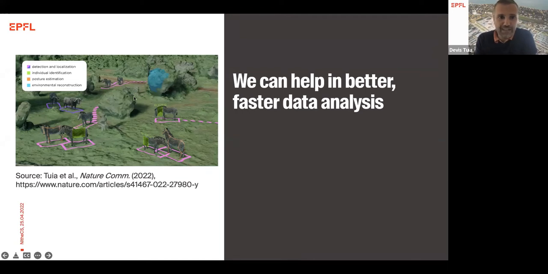But you can imagine a number of tasks. You can imagine pose estimation, so modeling skeletons of animals, to see how they move. You can do identification, so identify single animals, for example, based on the stripes of the zebra, or doing all kinds of 3D modeling of the environment. This is also very interesting. And if you're interested in any of those, just check out the Nature paper. Today, I will talk only about detection.